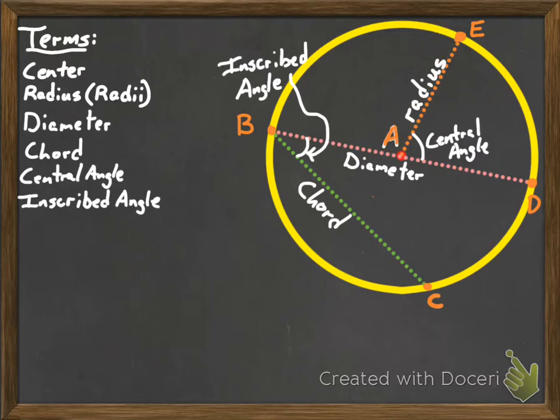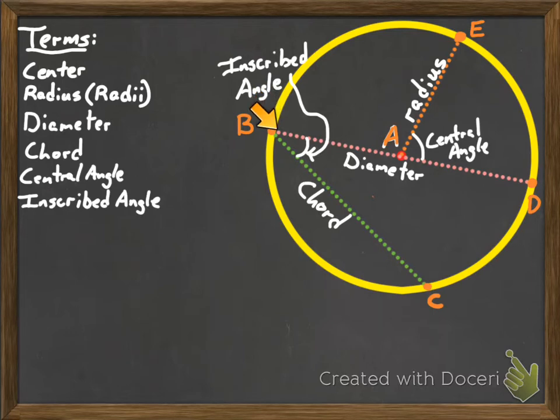Now I skipped ahead a little bit. Here we have inscribed angle. Now an inscribed angle has its vertex on the circle. So that gets kind of confusing, I know. So you have a central angle where its vertex is in the center, and an inscribed angle where its vertex is on the circle. So these are a couple of terms that you're going to need to know about angles when we're dealing with circles.